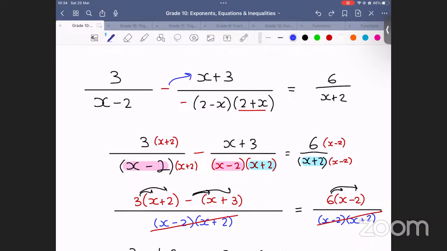So always just put brackets. This negative is like negative x plus 3. Negative the whole term.